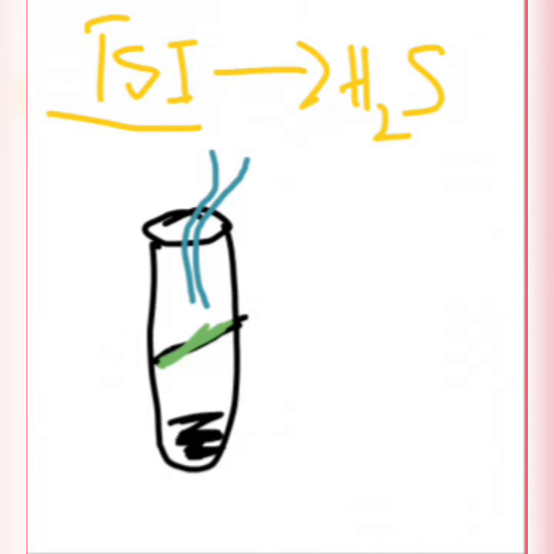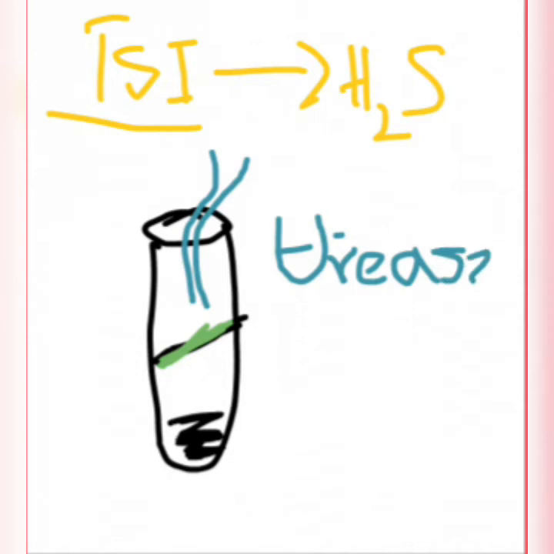Now this helps us in identifying the organism, unlike Proteus, which has a similar effect. But the main thing is that this organism is urease negative, whereas Proteus is urease positive.